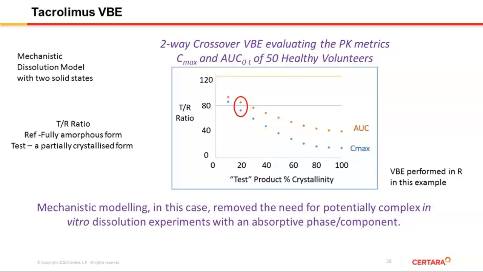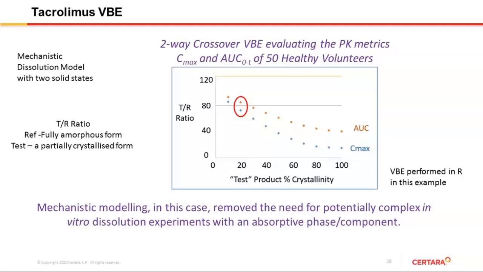And you can see from this we've identified that bioinequivalence arises as soon as the formulation reaches between 10 and 20% crystallinity. So in this particular case, it's probably likely that no extent of crystallinity really could be permitted in the commercial formulation. In this particular example, the VBE analysis was performed in R.